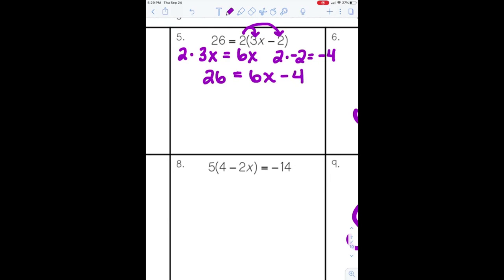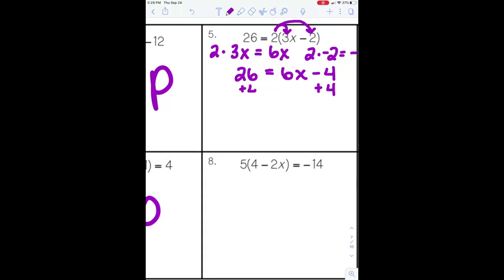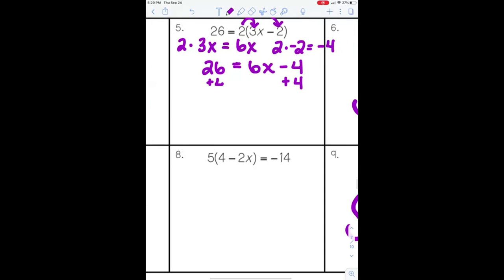So to get rid of that minus 4, I'm going to add 4 to both sides to undo that subtraction. And that is going to give me a 6x on the right because my 4's will cancel out.